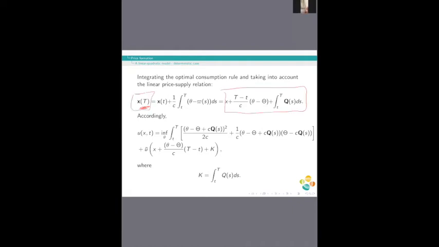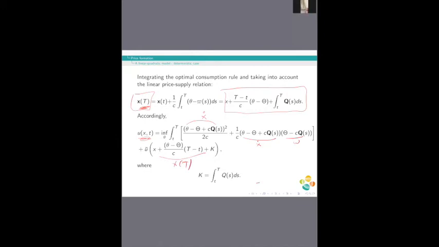Because we know x dot, we can get an optimization problem for a single agent. This is just x dot, this is just the price, and this is just x of t.